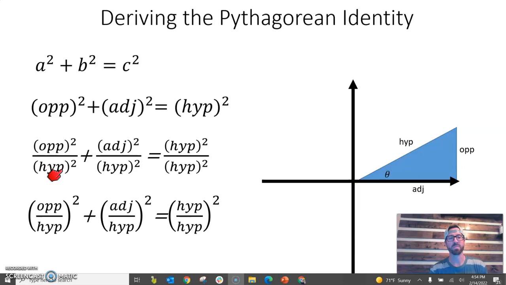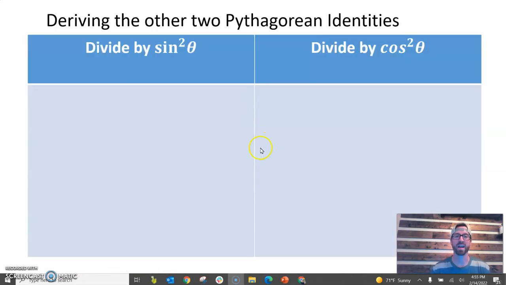If I have something squared over something squared, it could be rewritten like this. And then lastly, opposite over hypotenuse is sine. Adjacent over hypotenuse is cosine, and hypotenuse over hypotenuse is 1. So what we find is this is our most basic Pythagorean identity: sine squared theta plus cosine squared theta equals 1. So let's start with that. That's our first Pythagorean identity.